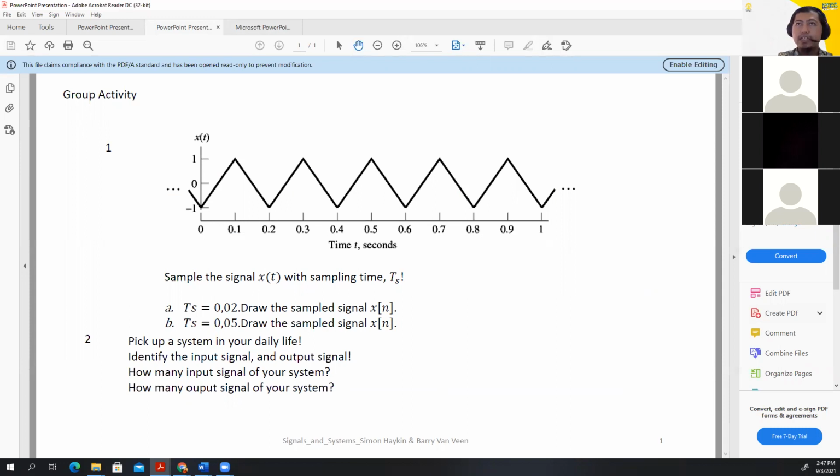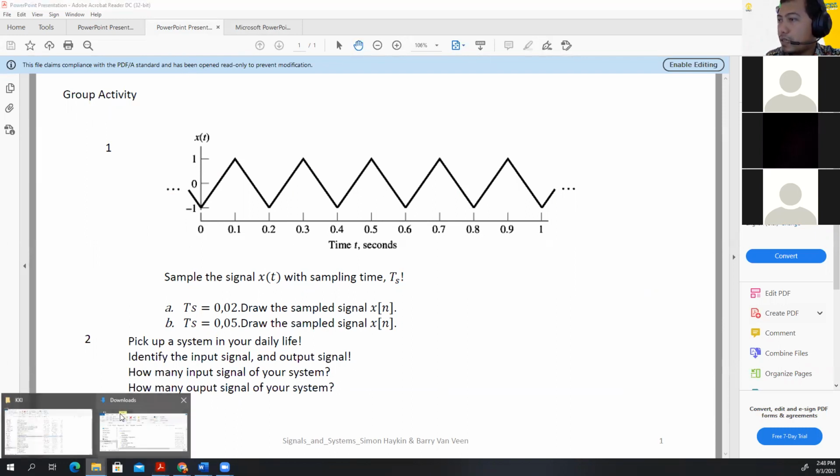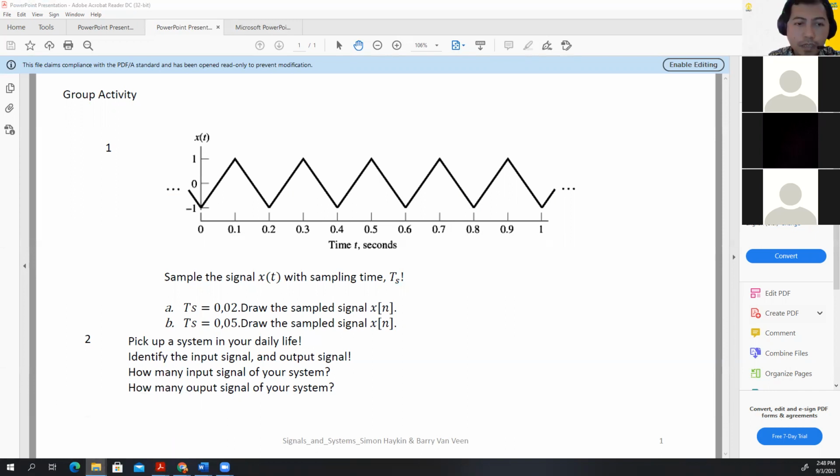I will break you into two rooms randomly, and then please conduct this activity. I will send you the activity.